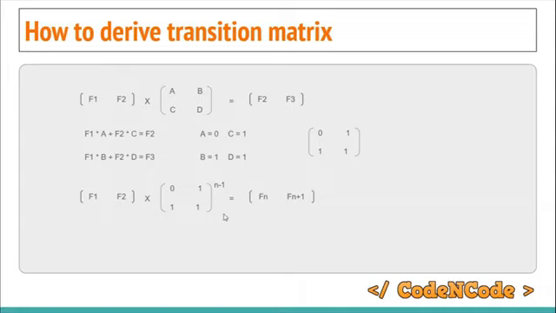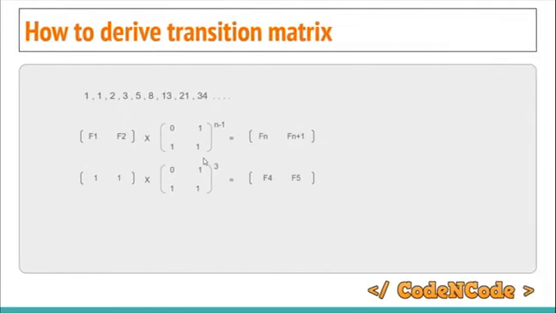So you can calculate the nth Fibonacci number in log n time, or you can return the first element of the newly calculated row matrix. So this is how you calculate the nth Fibonacci number or the nth element of a recurrence relation, which need not be a Fibonacci series only.